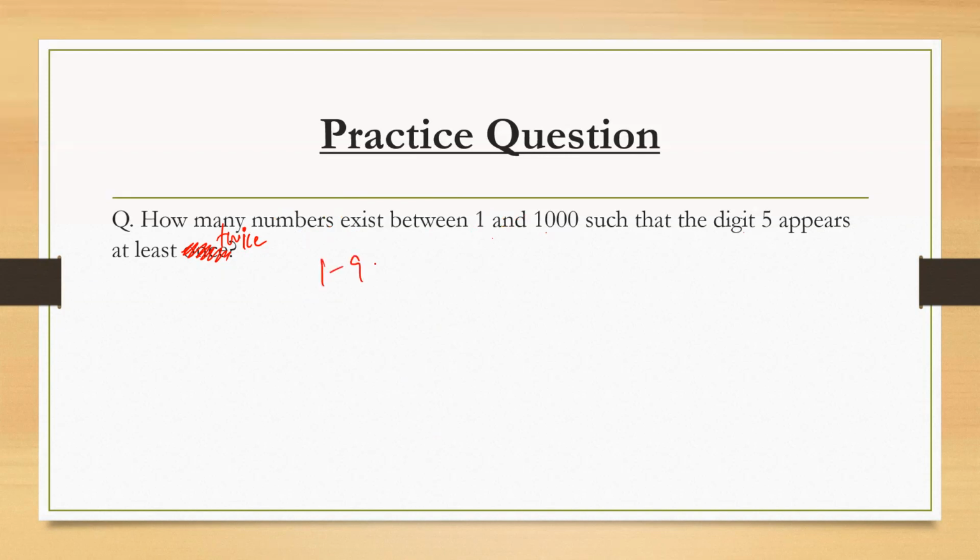Break it down. 1 to 99, 100 to 199. Think it through. How many such numbers exist where the digit 5 appears at least twice? तो minimum 2 बार आना चाहिए digit 5.